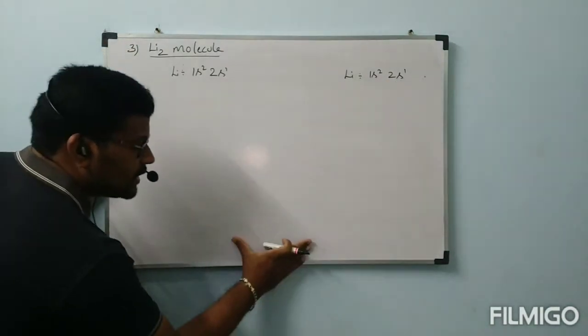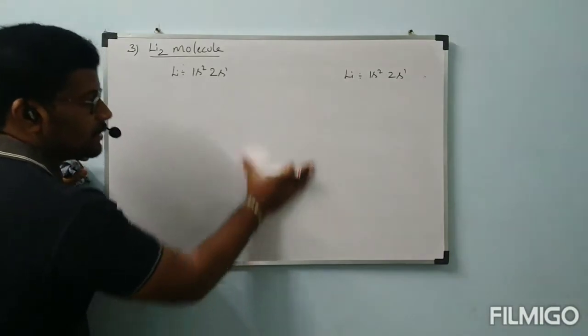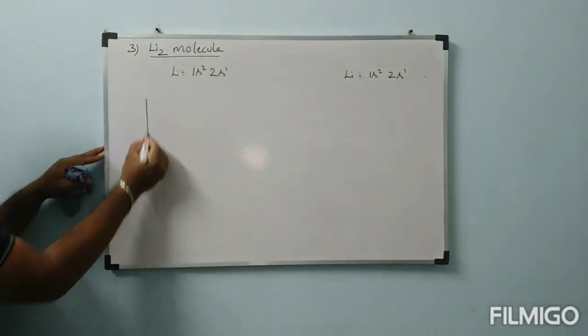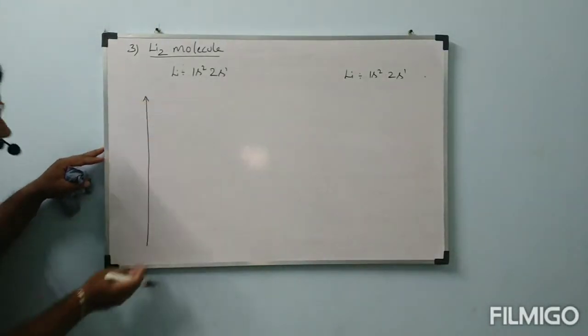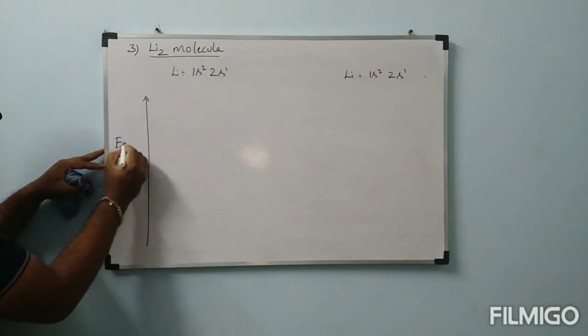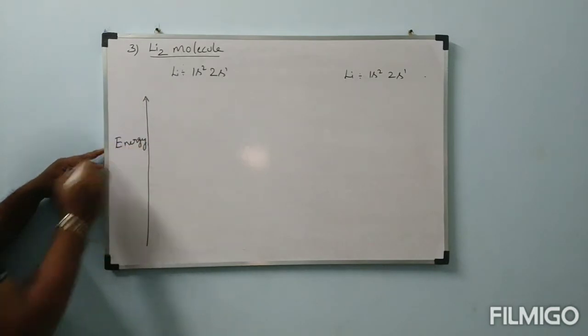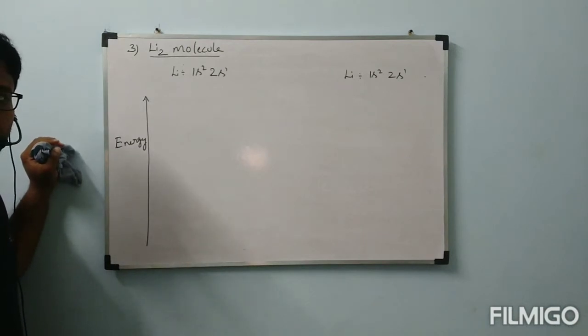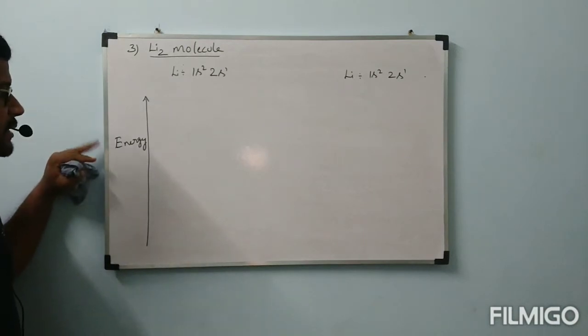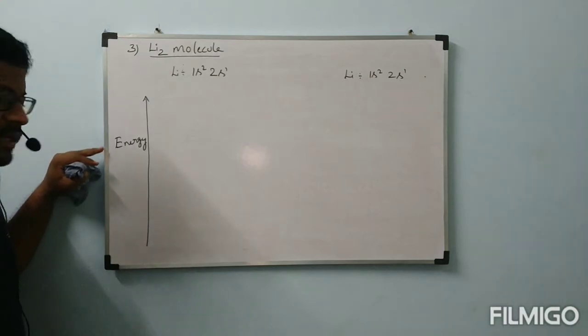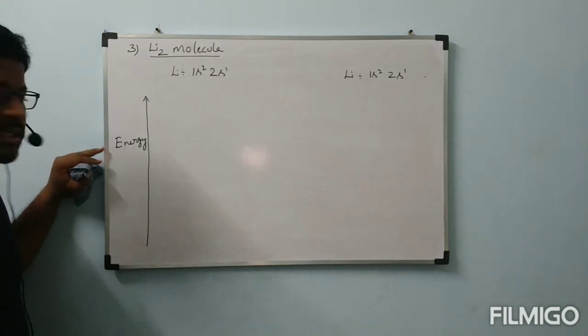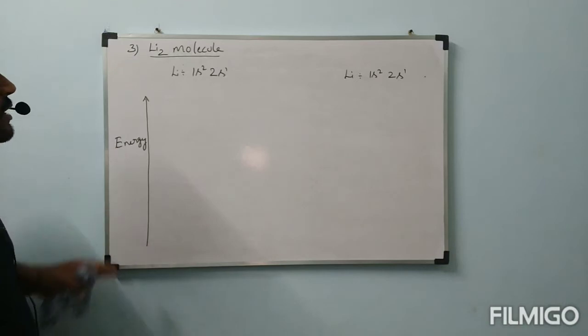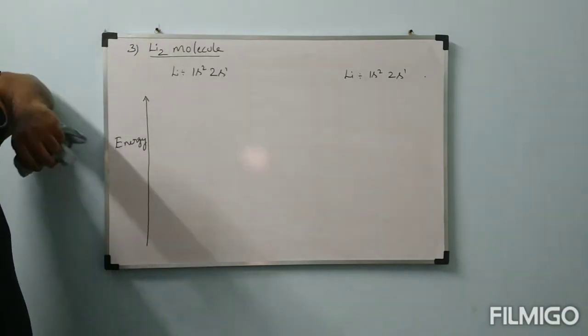That's why I am writing from below to above like this. In this way, energy increases. Don't forget, in the previous representation we forgot this. In that also you can write this representation of energy: from below to above, energy increases.